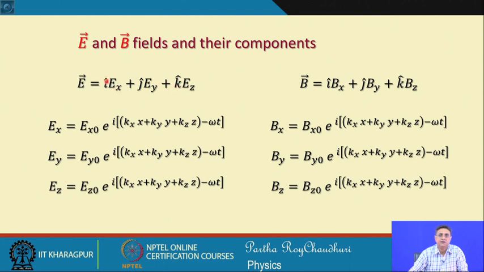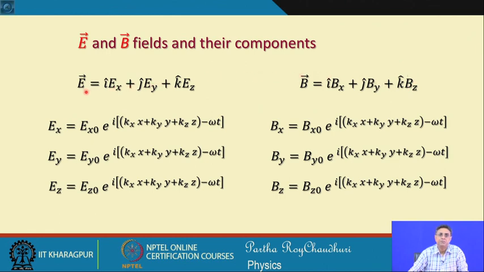These are the three Cartesian components of the electric field, E x, E y and E z. Similarly, for the magnetic field, the components are B x along x, B y along y, and B z along z.